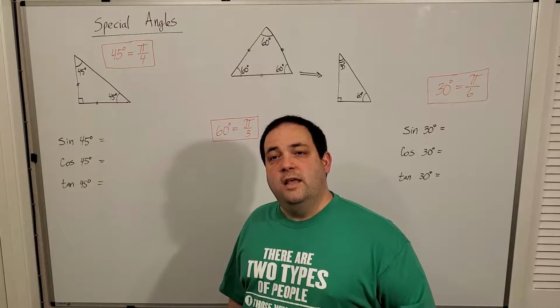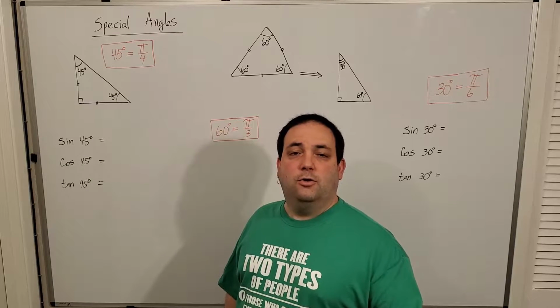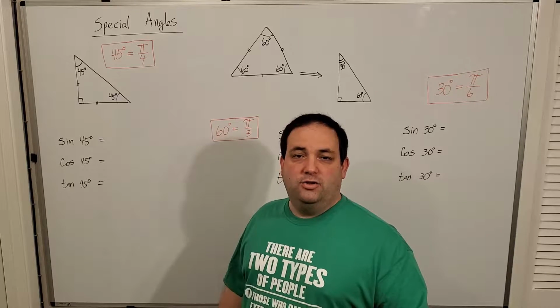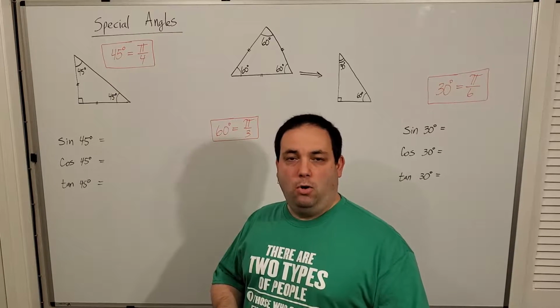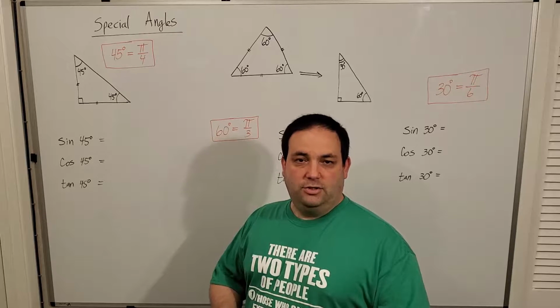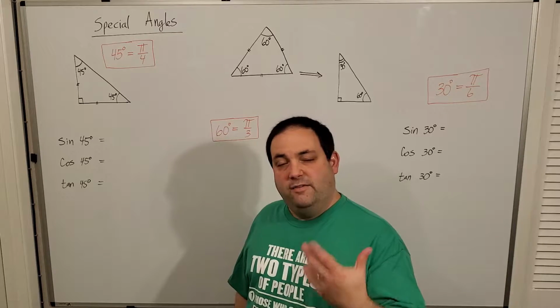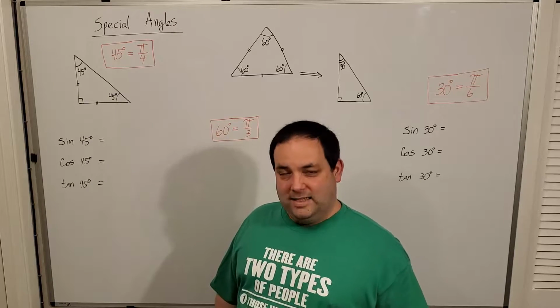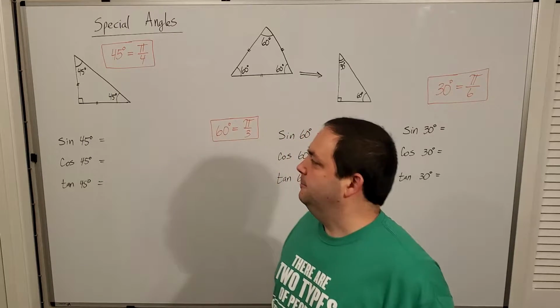These are the ones that instead of using a calculator, you're going to be expected to have memorized. You have to know these by heart for a lot of applications, because instead of accepting decimal answers, a lot of times they will want exact answers. And you'll see what I mean in just a second.